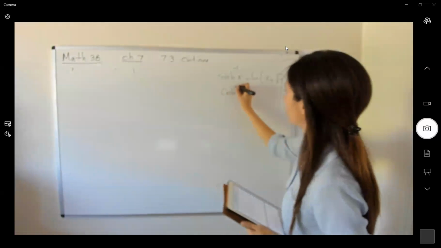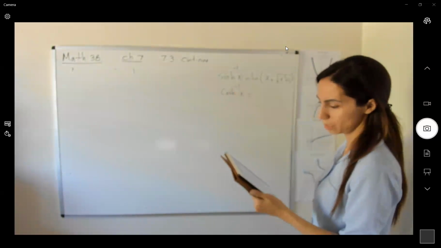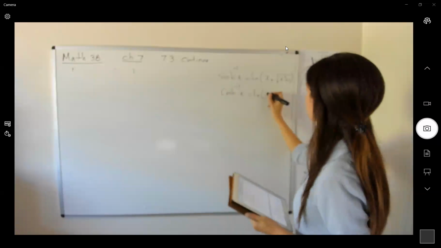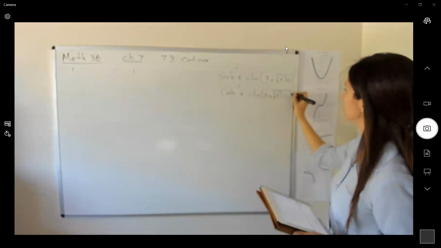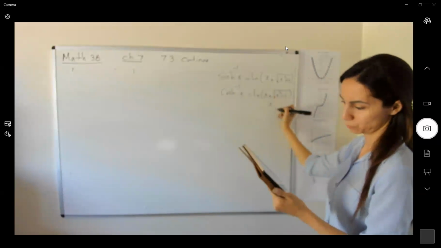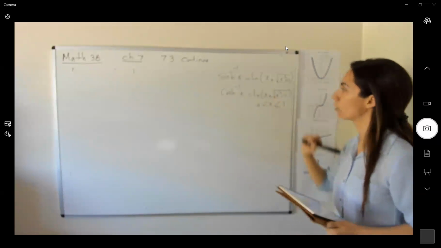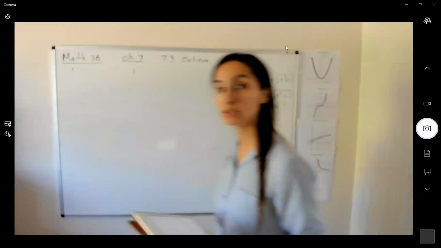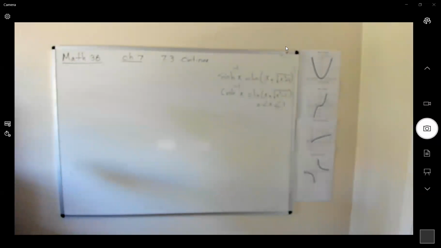The inverse of hyperbolic cosine is equal to ln of x plus square root of x squared minus 1, and x must be between 0 to 1, 1 is included. Now you can follow this method to find the rest of the inverse of these hyperbolic functions.